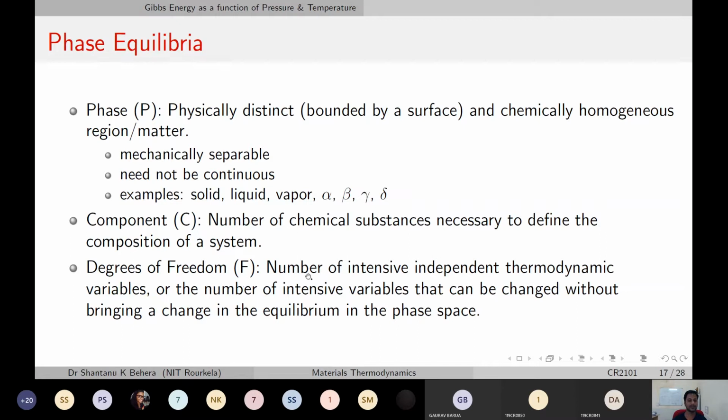Okay. So if you go by the definition, it is the number of intensive independent thermodynamic variables. I think this is important to understand, that it has to be an intensive variable. Those are the ones which have driving forces to affect the stability of the system. Right, so how many such intensive variables are there which can be changed independently?